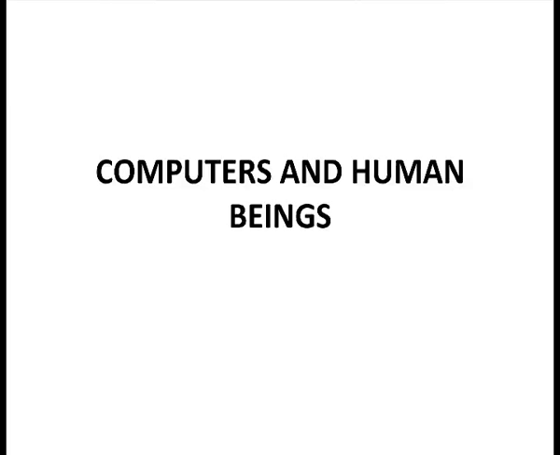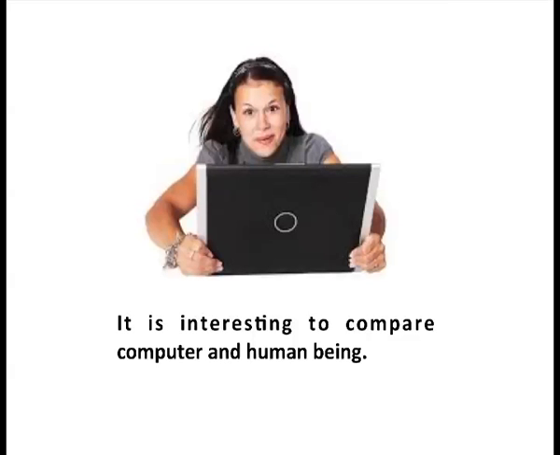What is the difference between computers and human beings, or what are the similarities between computers and human beings? It is interesting to compare computer and human being. Modern computers are impressive, but none can match the amazing abilities packed within the human brain.